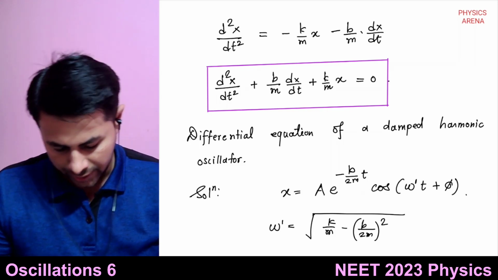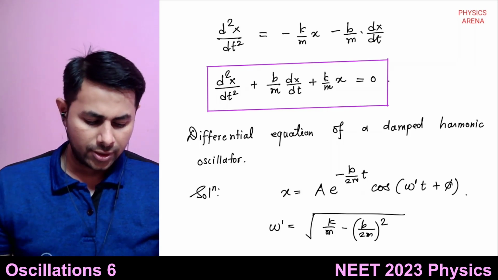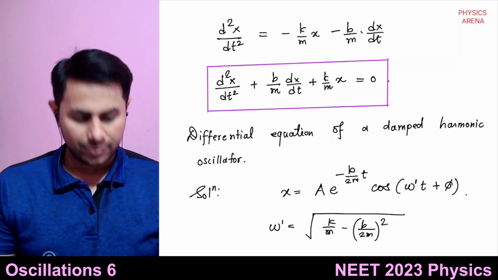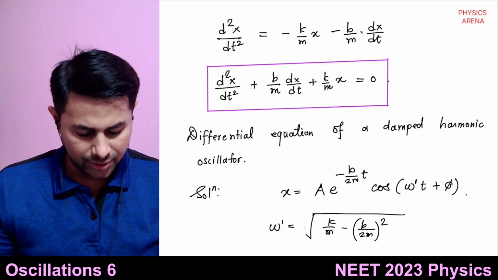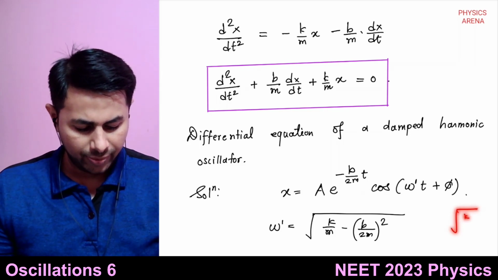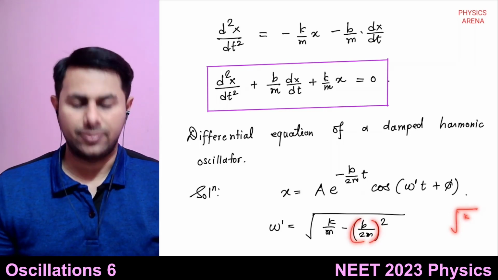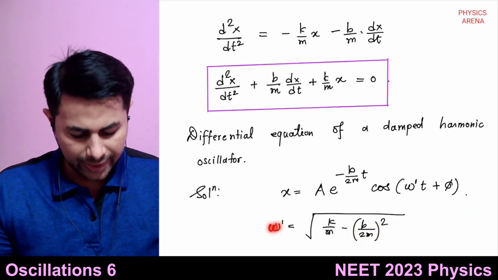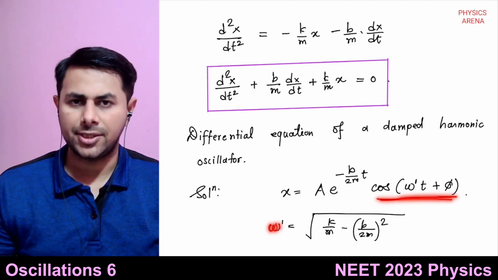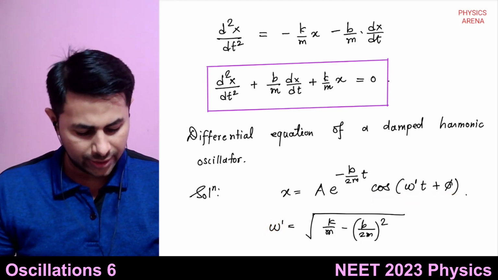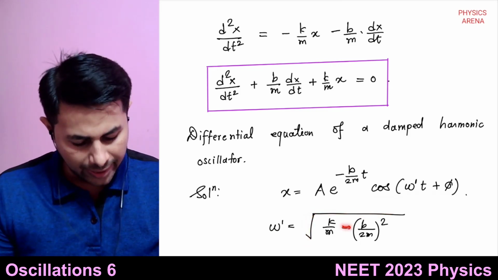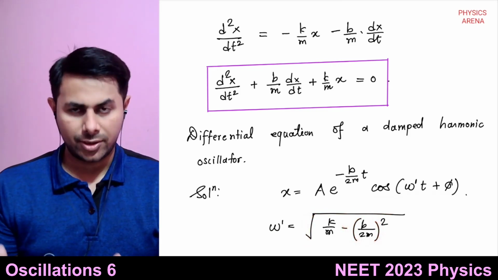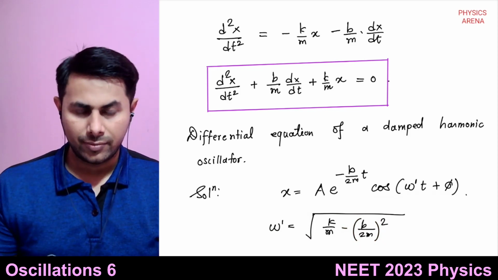Now because of damping, the frequency of oscillations is changed. It is not square root of k by m. Now there is this extra factor. So omega dash is the resultant angular frequency of oscillations, and it is equal to square root of k upon m minus this factor, b by 2m square.